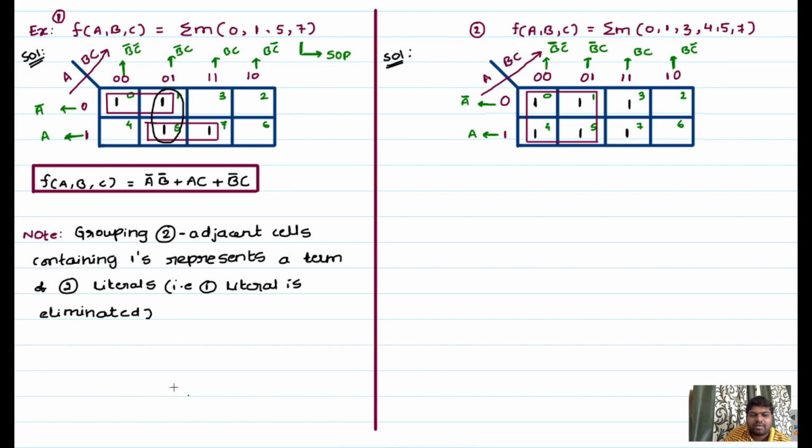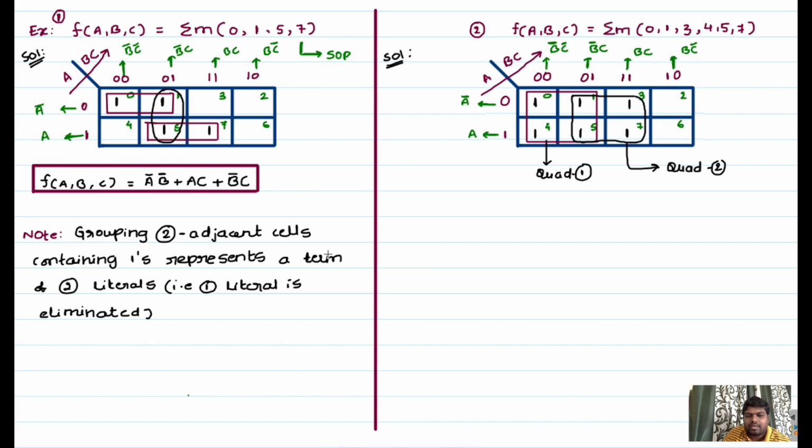So this is quad 1 and this is quad 2. You can write the resultant boolean expression for quad 1 as well as quad 2 and combine these two expressions, and that will give the reduced, otherwise minimal, boolean expression for this given function, right?